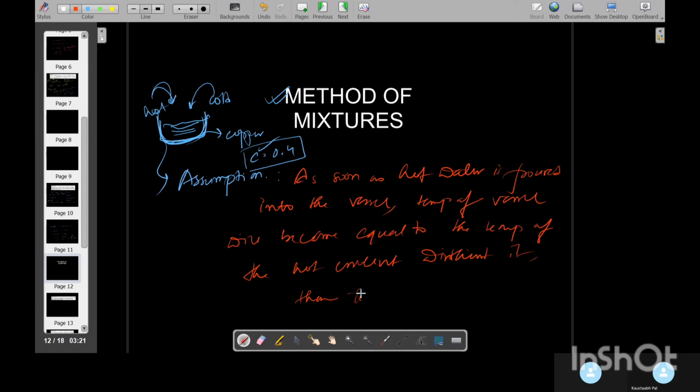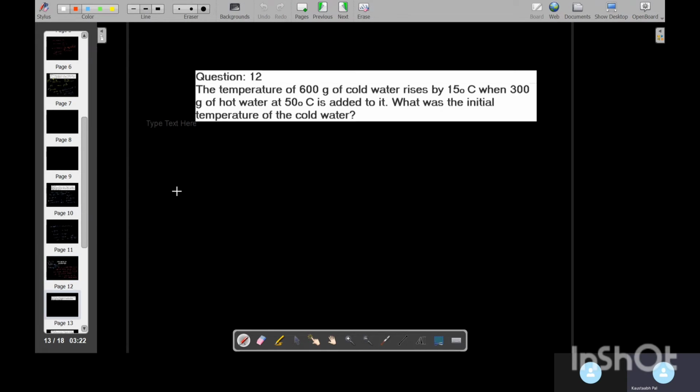Then it will come to the final temperature of the mixture. That means when you initially put the hot water inside, the vessel will also get heated up. Again, when you pour the cold water inside, the vessel will gain the final temperature. Just leave average, but final temperature. Okay, understood? So let us look at this sum.